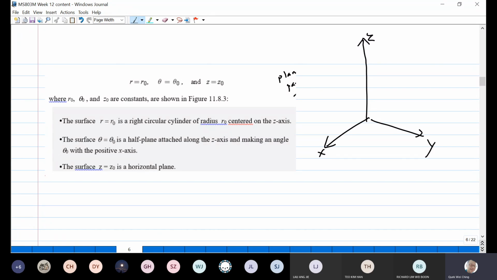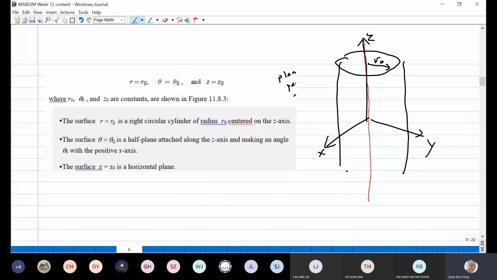r is a distance measured from the z-axis. So this is the z-axis here. So measure from the z-axis, what do we get if the distance is r0, a fixed number? So we get this r0 here, meaning this is the distance from the z-axis, r0. So what you get is actually a surface, a cylinder surface, right?